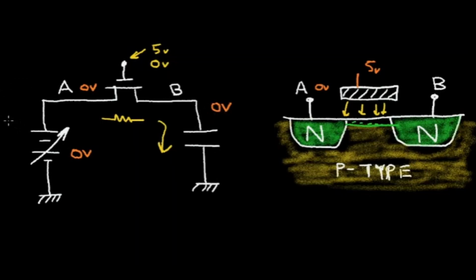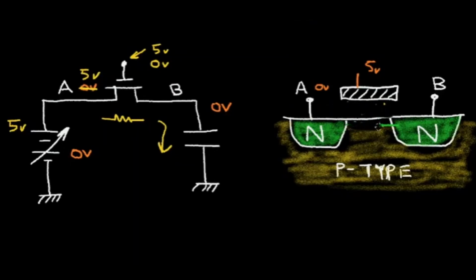If I set this battery at 5 volts and try to transfer 5 volts over to point B, let's look at what happens in that particular case. Let's erase this electric field.